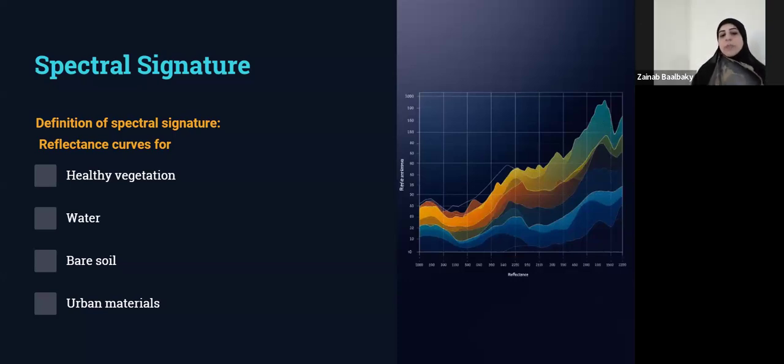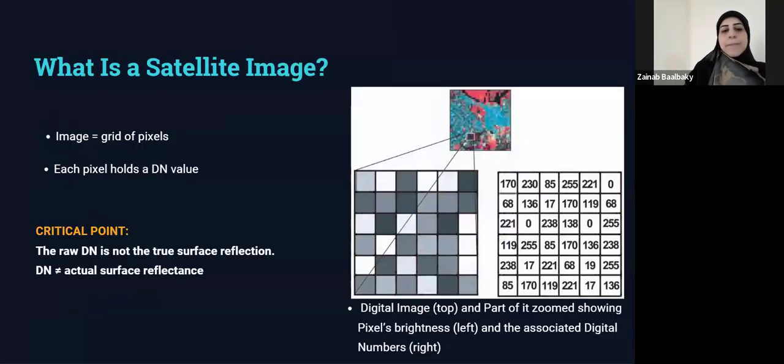Water absorbs most infrared light, appearing very dark in near-infrared bands, and bare soil reflects light moderately across most bands. These spectral signatures allow us to see what the human eye can't, and are the key to quantitative analysis. These differences enable us to distinguish the different surface elements without physically touching them.